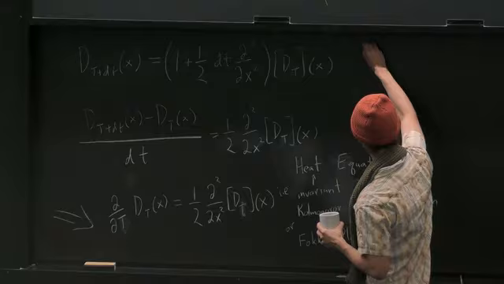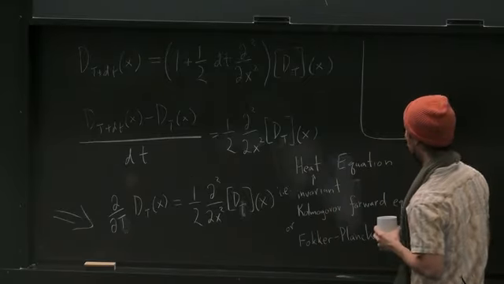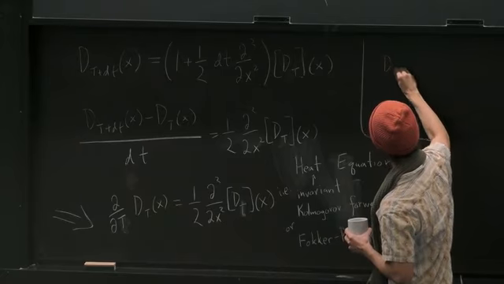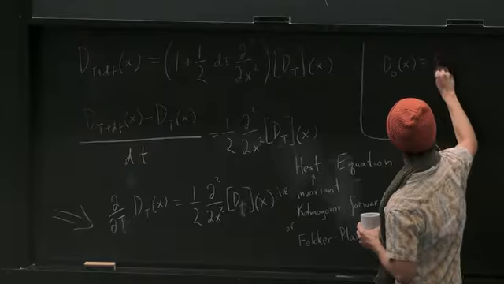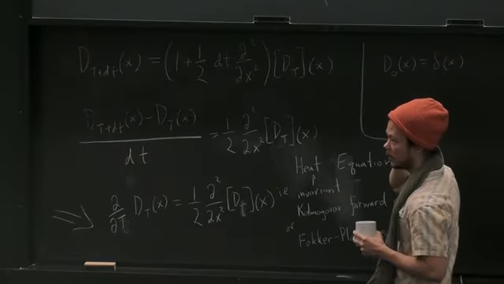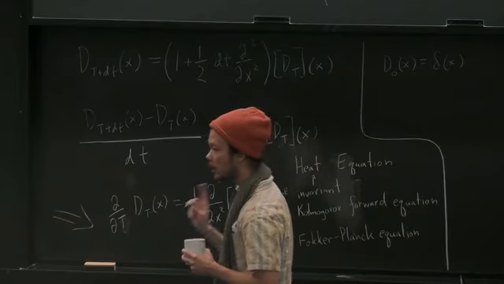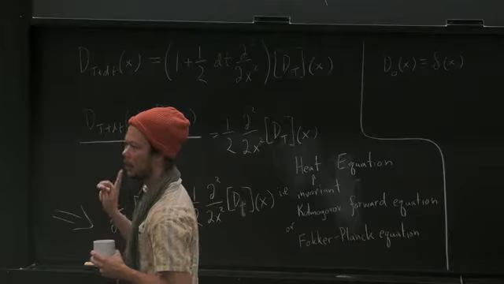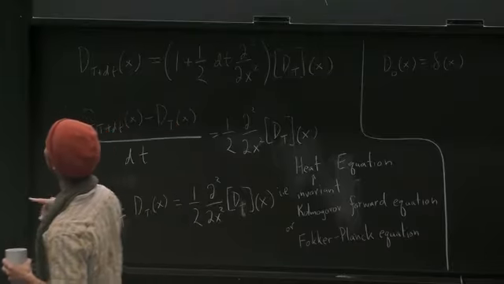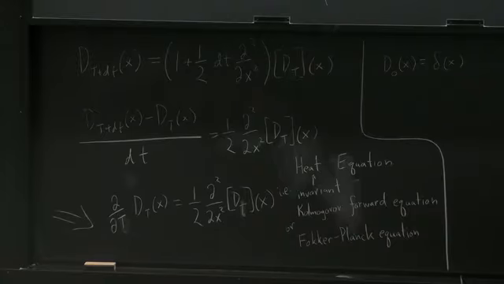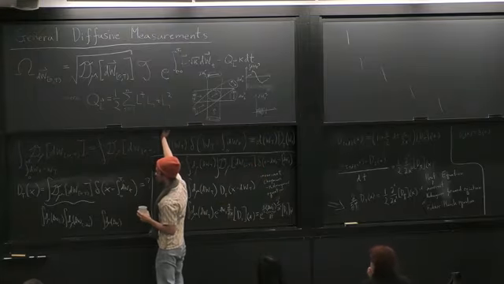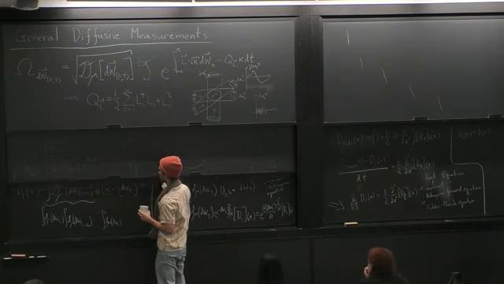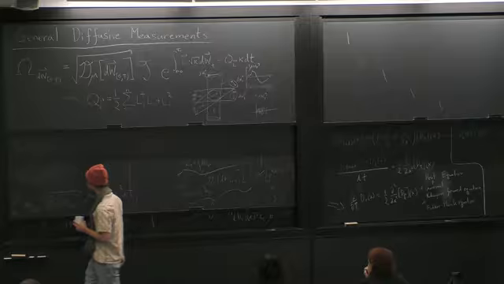I'll leave it for you guys to check. But if I tell you that ρ_0(x) is delta of x, what does this mean? It means that the zero time instrument has only identity Kraus operators.